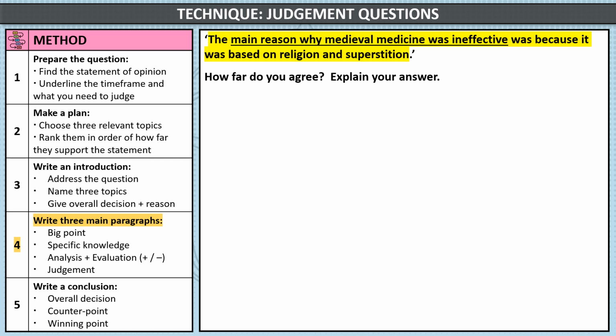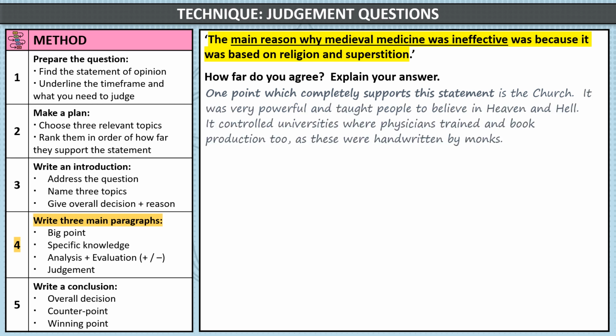My next paragraph topic is going to be the church. Now remember, this is the topic which most supports the statement in the question. So my big point is slightly different. In this case, I am going to completely support the statement in this paragraph. And I'll begin to explain why the church was so powerful in the medieval period.